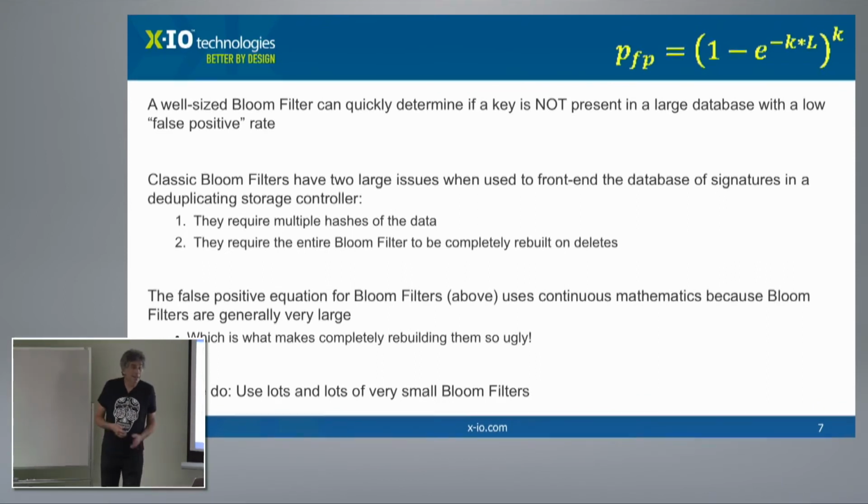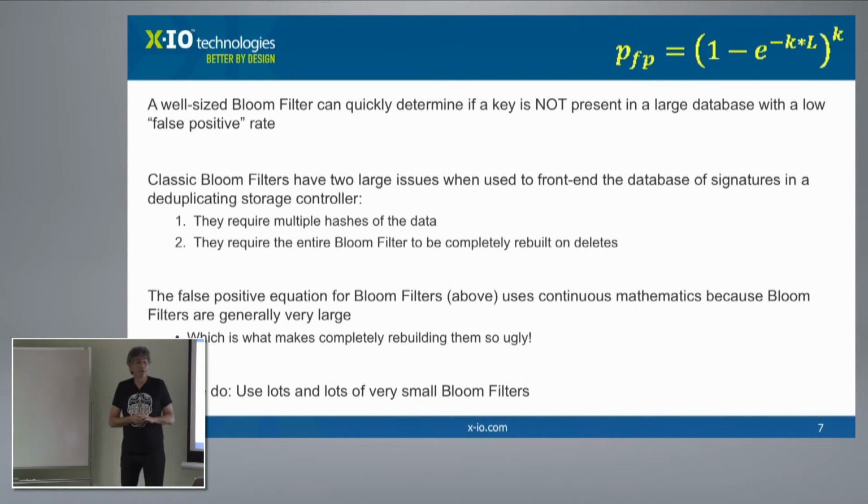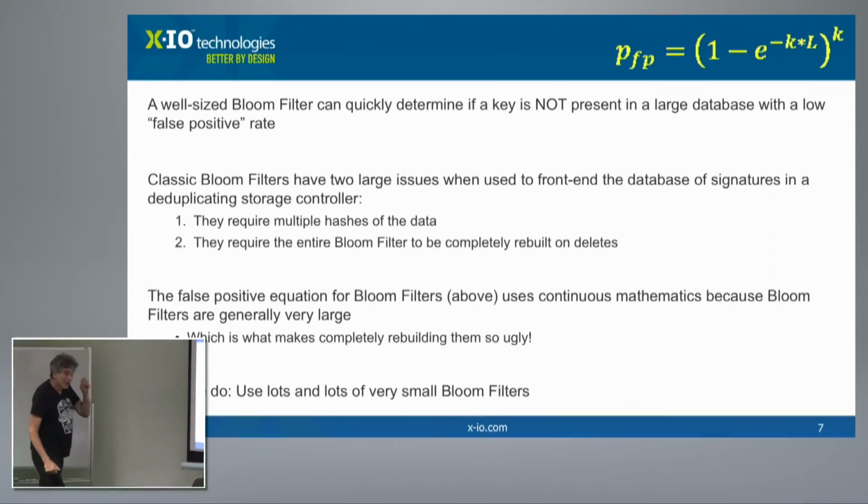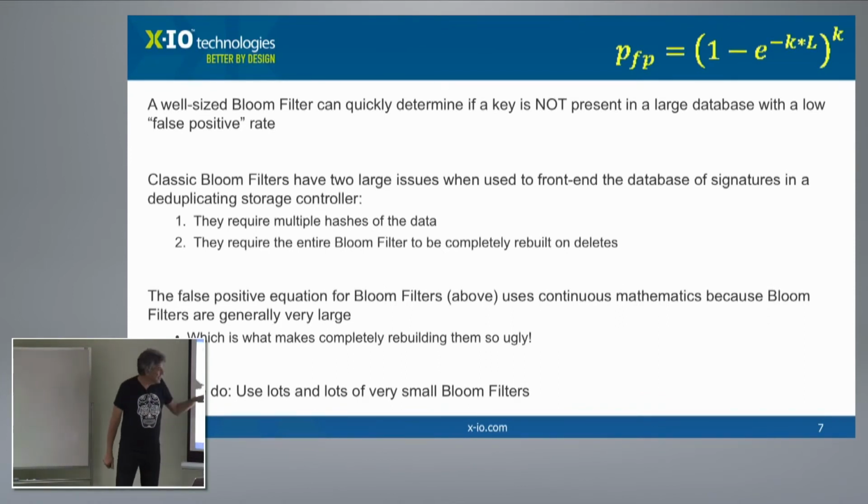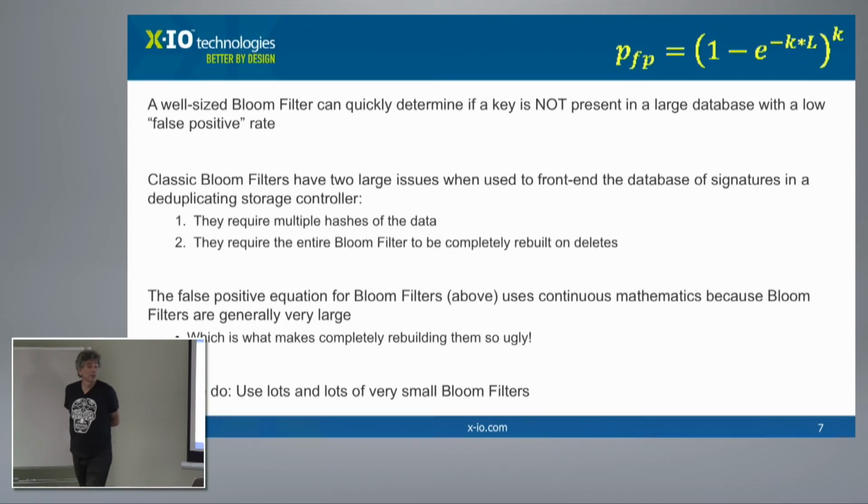In fact, what a lot of people who implement Bloom filters do is they allow the filter to get old and crufty. You can leave the deleted data in there, just the efficiency of the filter starts to go down and down and down until it's better to rebuild the filter than to put up with its poor performance, okay? These 2 things make Bloom filters very difficult to use in a deduplication environment.